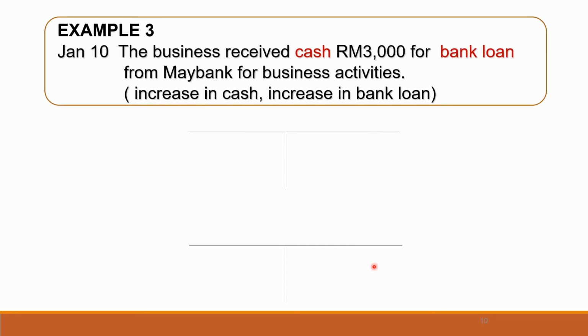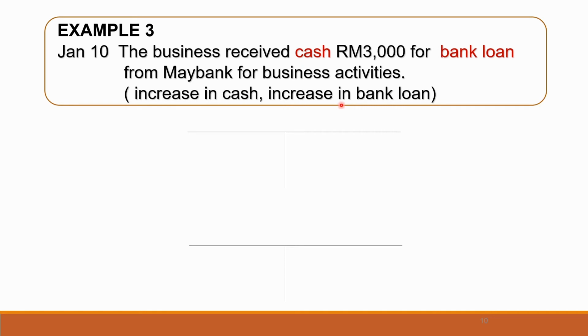Okay, the next transaction, 10th of January, the business received cash RM3,000 for a bank loan from a bank for business use. So based on the accounting equation, it will increase in cash, or increase in asset, and at the same time it will increase in liability, increase in bank loan.